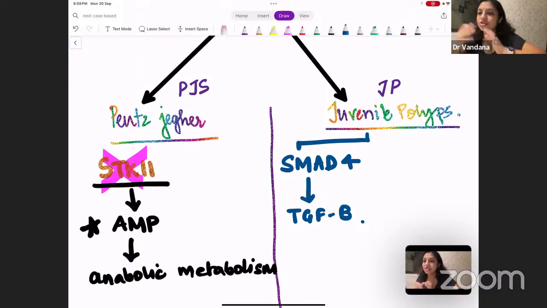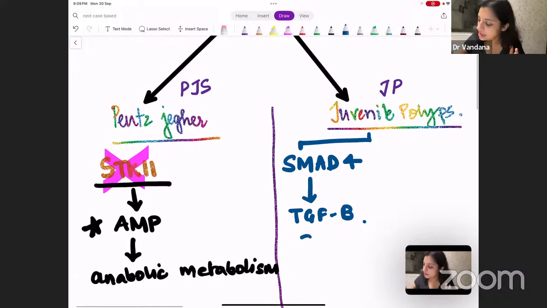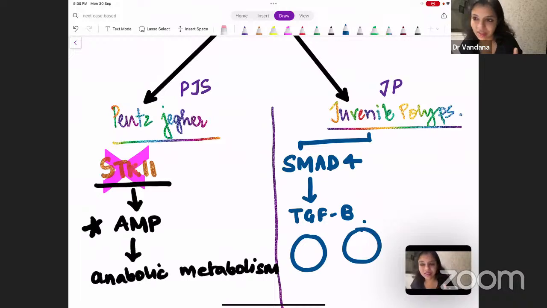So the mucosa starts growing aberrantly, forming large cystic spaces. It forms large glands which are cystically dilated. So that's the mutation of juvenile polyp.